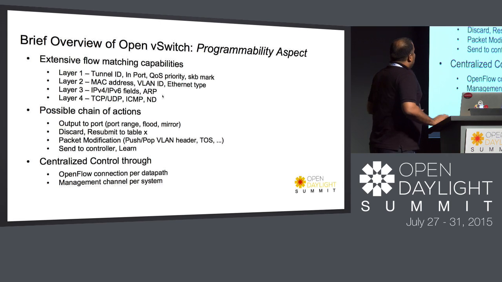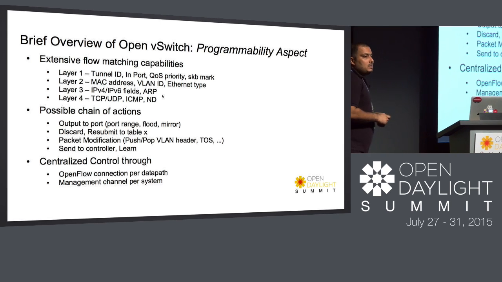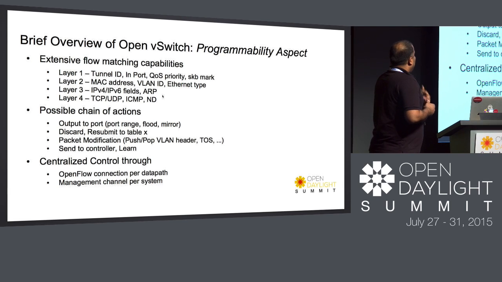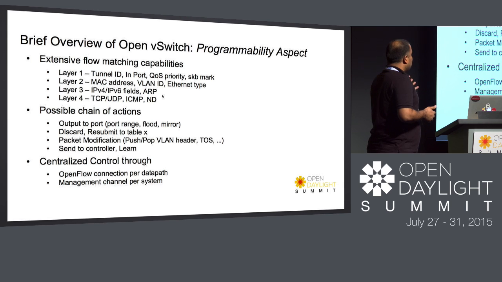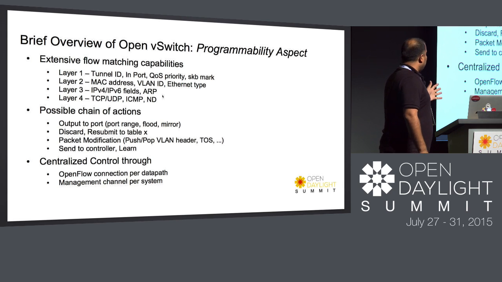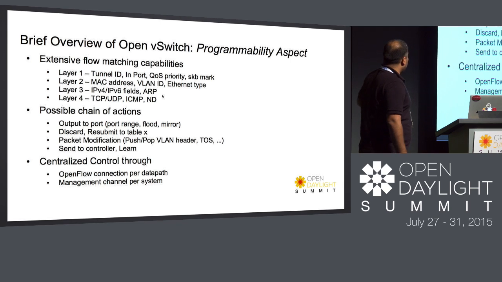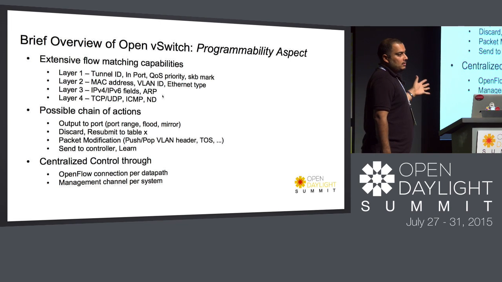It provides matching capabilities based on layer 1, layer 2, layer 3, and layer 4 constructs. It provides actions like output, discard, resubmit, and packet modification, like push and pop VLAN headers, and sending a packet to the controller. The main and foremost feature is centralized control, which is what we are looking for.